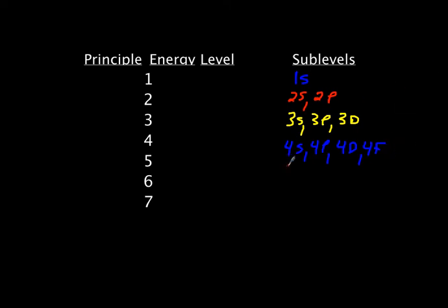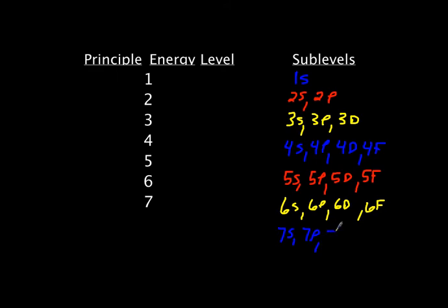Now, the other rule I said is that it maxes out at 4. So after row 4 of the periodic table, all you're going to be doing is changing that first number because it maxes out. S, P, D, and F. Same thing for the last row of the periodic table. 7, S, P, D, and F. So it builds up to 4 and then it just keeps repeating.